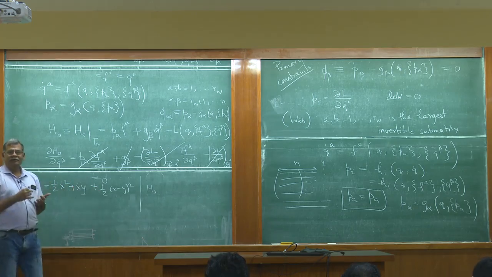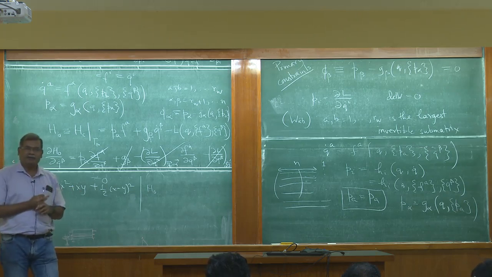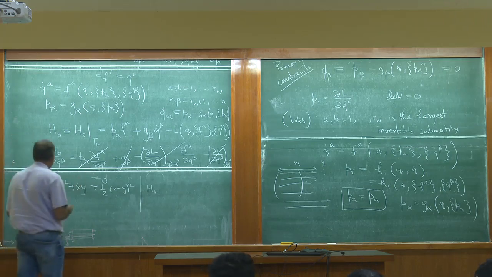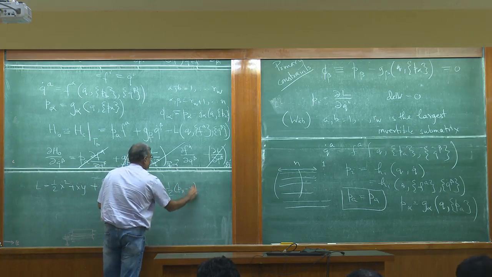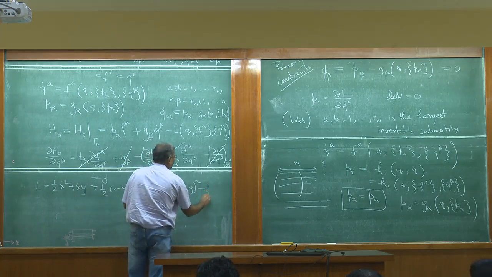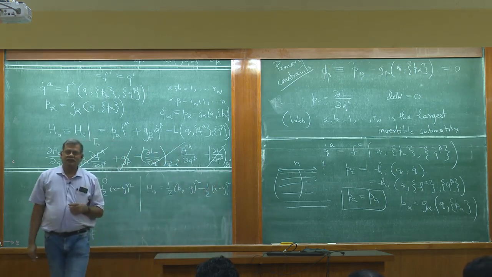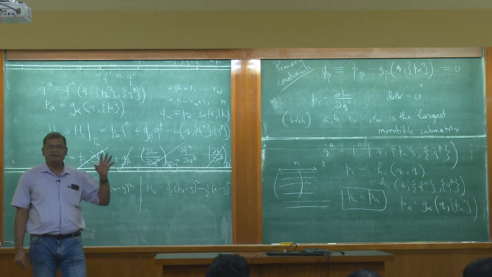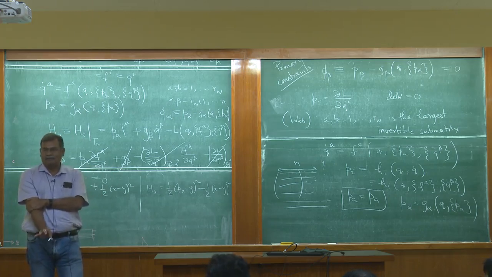And if you now try to get rid of all the x dots and y dots in terms of px and py, of course you wouldn't be able to because you can't get rid of y dot here. But you don't need to, because you don't have the y dot actually. You end up with half of (x minus y) whole squared minus half of (x minus y) whole squared. Right? So the canonical Hamiltonian restricted to the space does not have these still undetermined velocities. So it looks like a good thing.